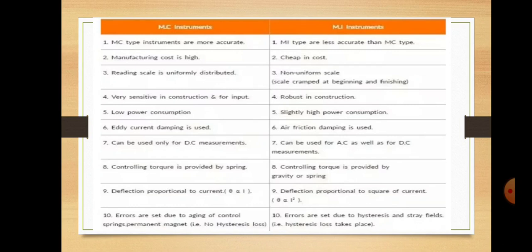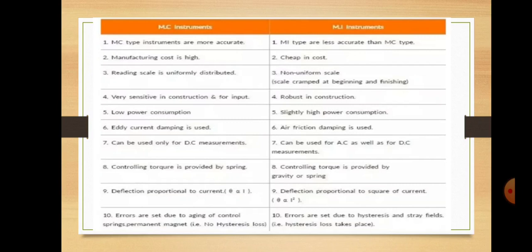You should remember this equation: theta directly proportional to I in PMMC and theta directly proportional to I squared in MI instruments. The last point is errors are due to aging of control springs and permanent magnets, and in the case of MI instruments errors are due to hysteresis and stray fields.